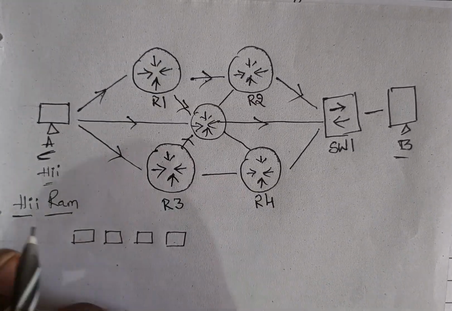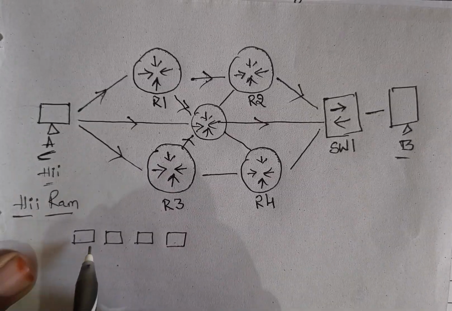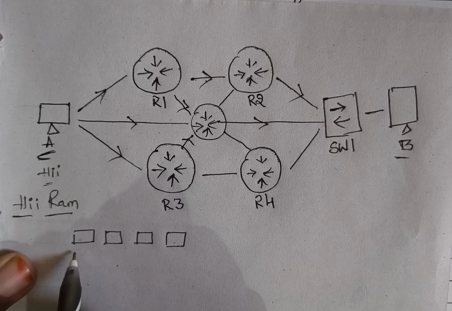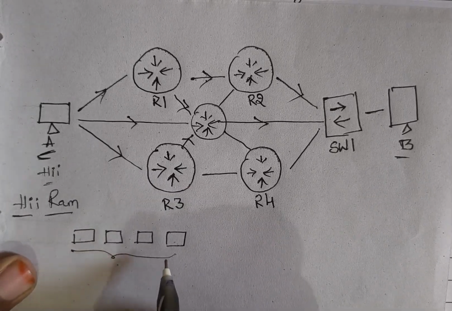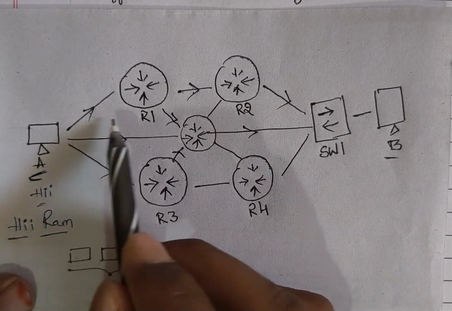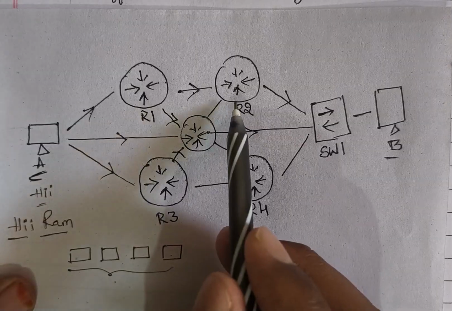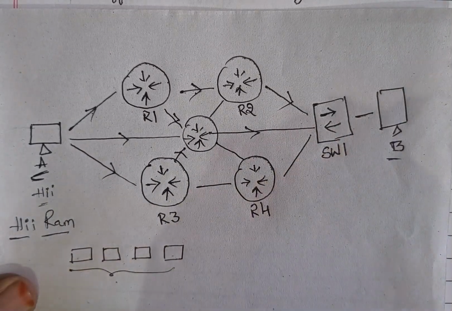Here the text is only a simple "Hi Ram," so it may be divided into two or three, maximum of three to four packets. That data will be sent to R1, R2, R3, the switch, and to B.